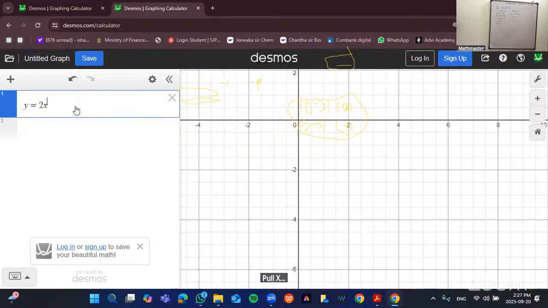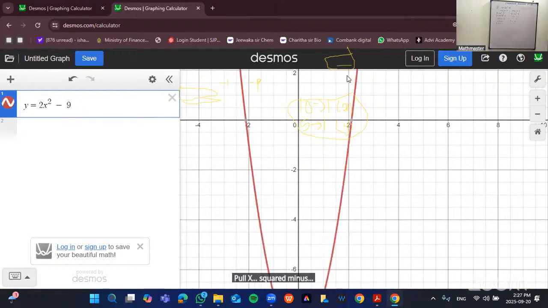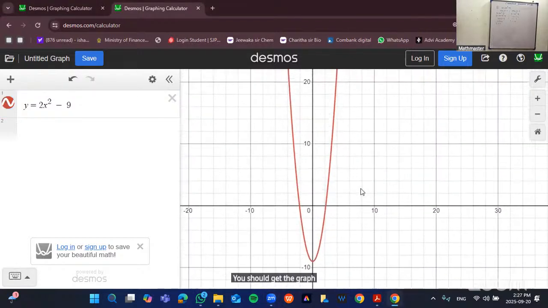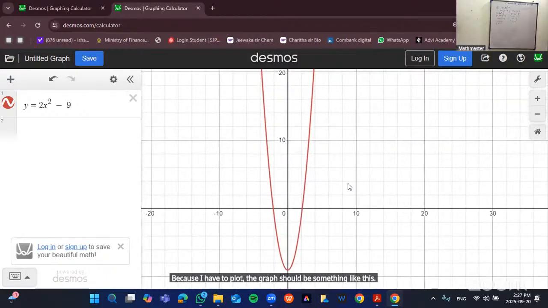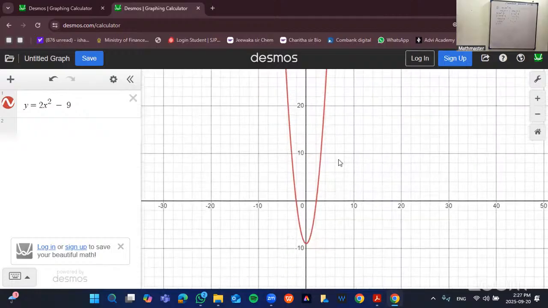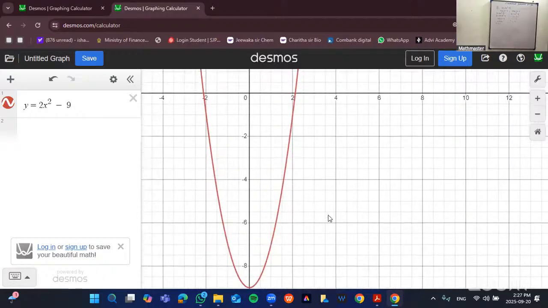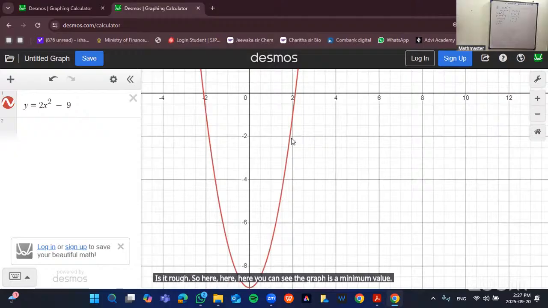The final diagram should be something like this after you plot. Here you can see the graph has a minimum value.